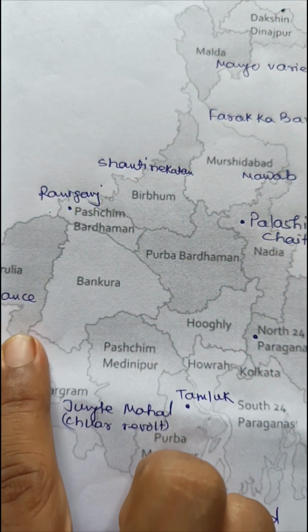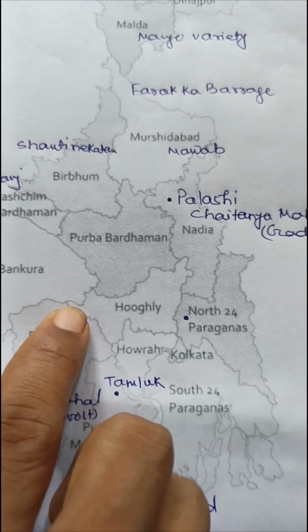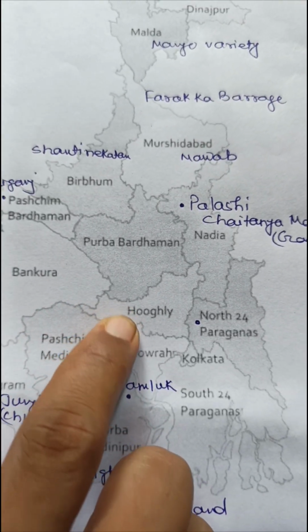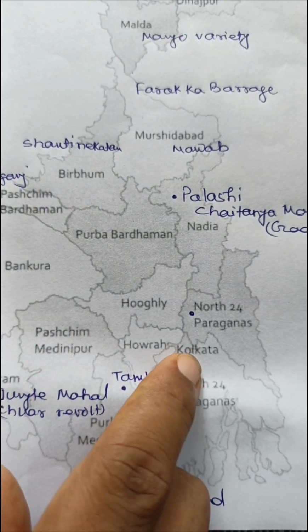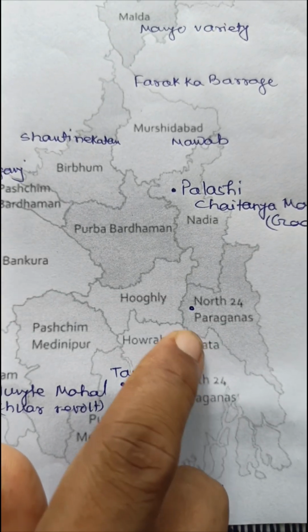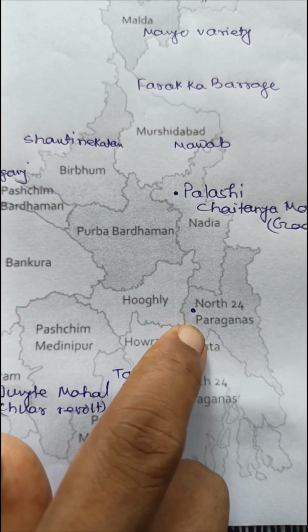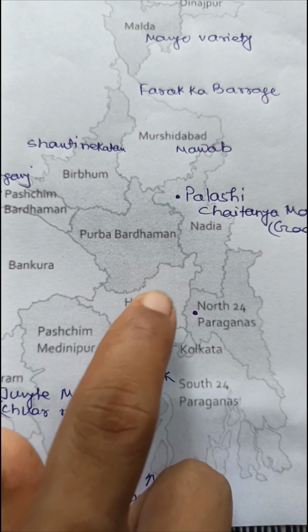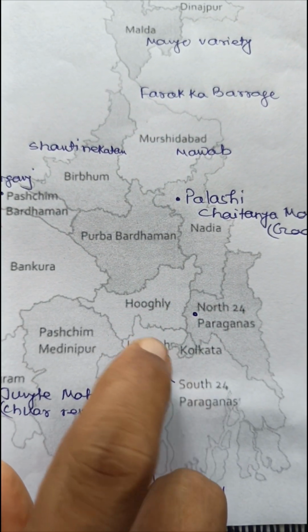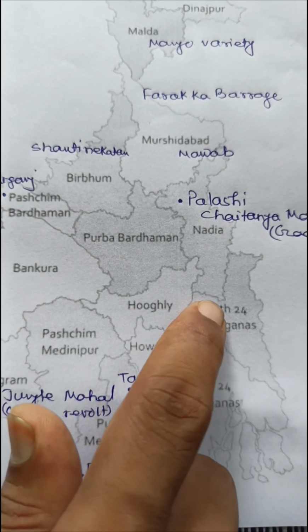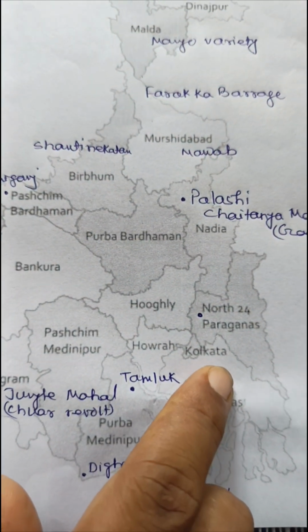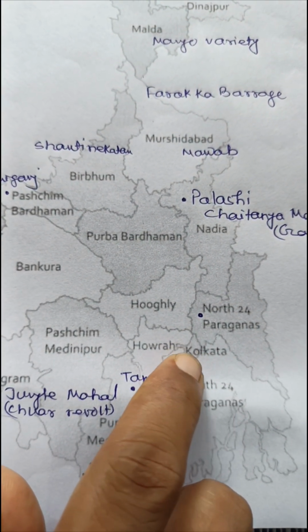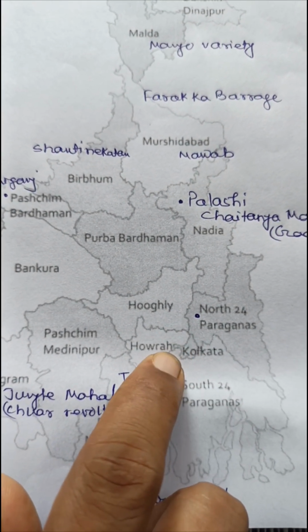Let us now move to Hooghly district and Howrah district and Kolkata district. Kolkata, this much is Kolkata, but modern day Kolkata suburb consists of areas from North 24 Parganas also, South 24 Parganas also, along with the Kolkata district.